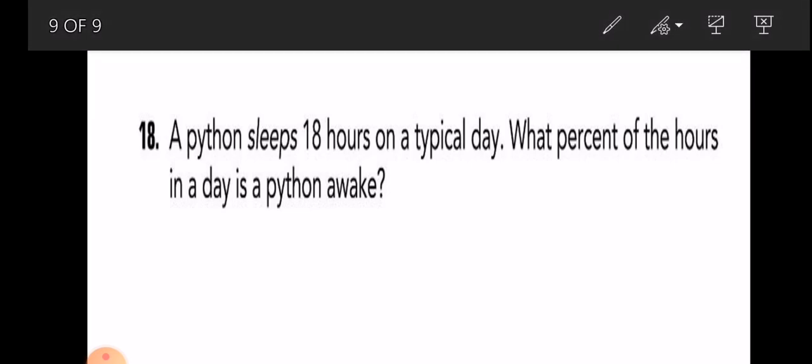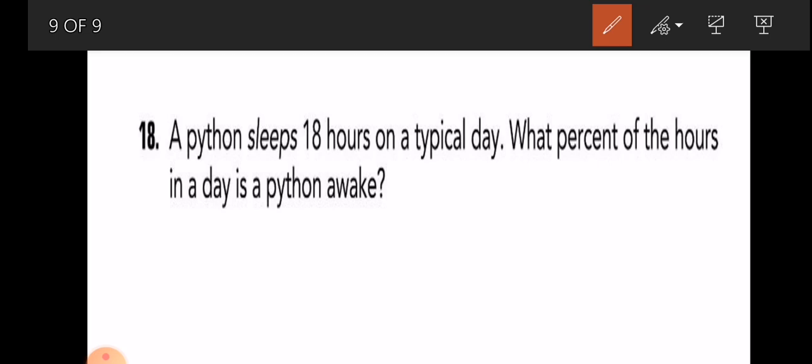Number 18. A python sleeps 18 hours on a typical day. What percent of the hours in a day is a python awake? Okay, so the python sleeps 18 hours on the day. What does 18 hours on the day mean? It means 18 to what?